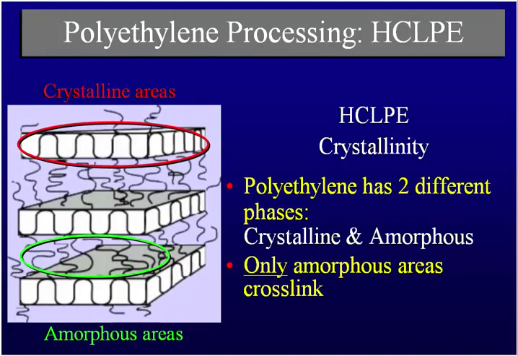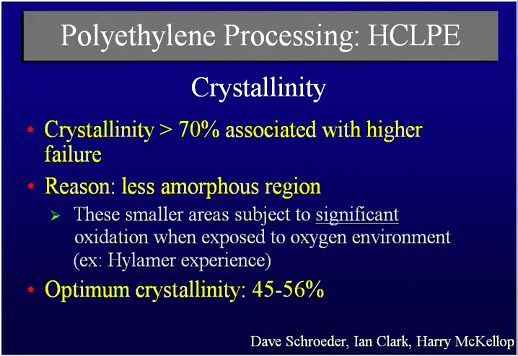In polyethylene, you have 2 areas, crystalline areas and amorphous areas. The amorphous areas are the areas that cross-link, and the crystalline areas do not cross-link at all, okay? If you have a highly crystalline polyethylene, those are associated with a higher failure. And the reason is, the higher the crystallinity, the less amorphous areas, the less areas of cross-linking.